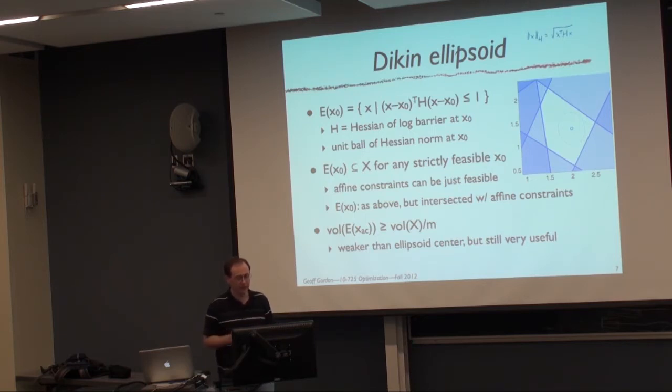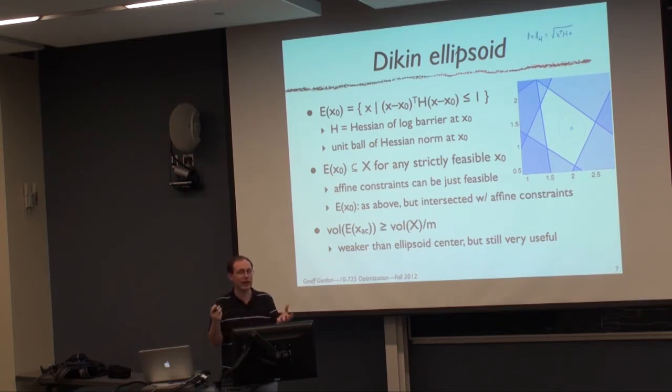And then the other thing that makes it really useful is if you take the ellipsoid that's centered at the analytic center, and you grow it by a factor of m around its center, then it's going to actually contain the feasible region. So that's nice. It means that the ellipsoid doesn't just tell us an inscribed ellipsoid, it tells us a circumscribed ellipsoid.